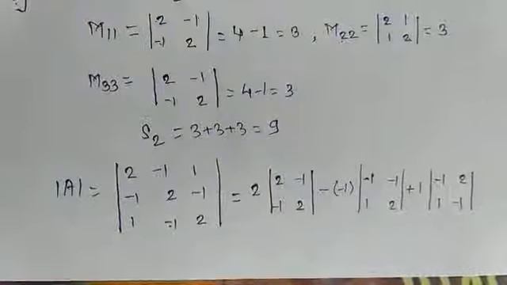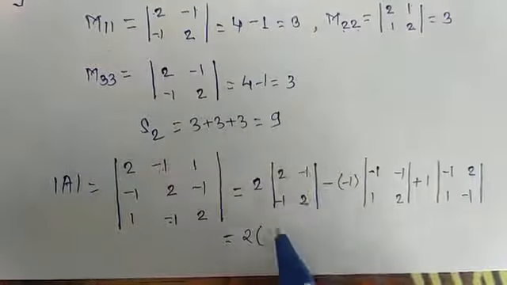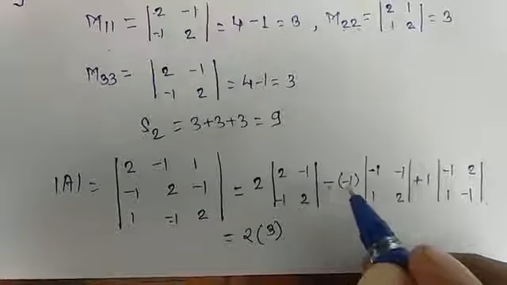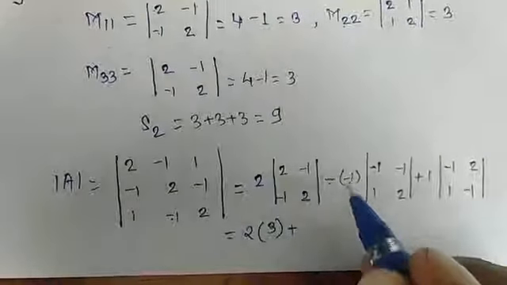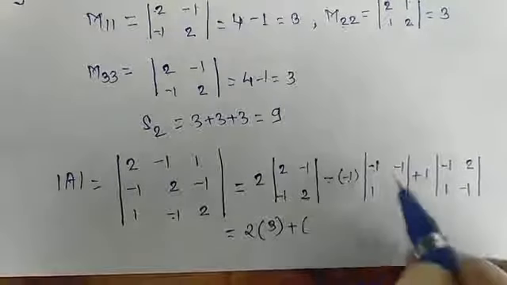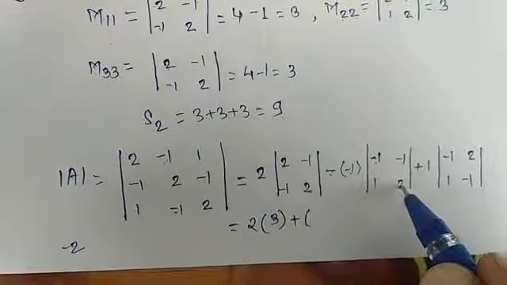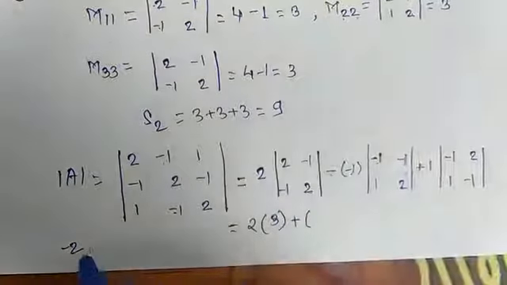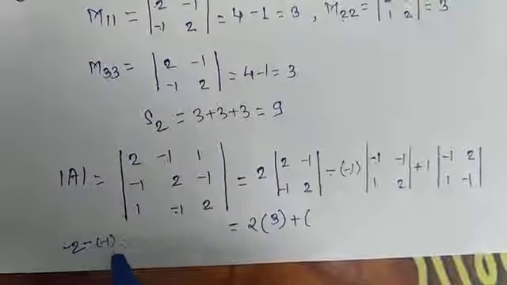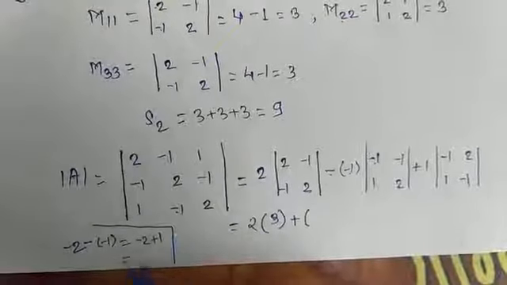Okay, now we take a calculation, it will be 2 into bracket 4 minus 1, which is 3. Okay, we write here direct calculation, minus 1 into minus 1 into 2 is minus 2. Okay, we write here minus 2. Then minus 1 into 2 minus 2 minus 1 into, here minus 1 into 1 minus 1, which is minus 1, which gives minus 2 plus 1. Okay, it is a rough calculation, which is equal to minus 1.